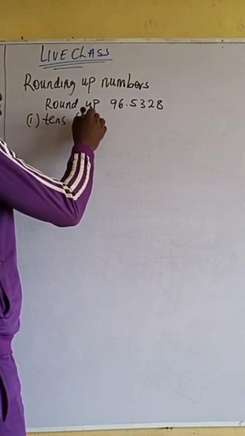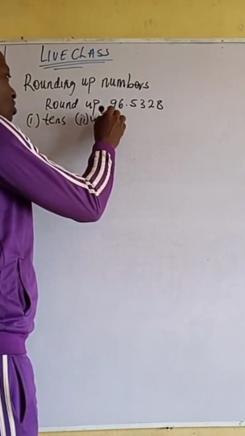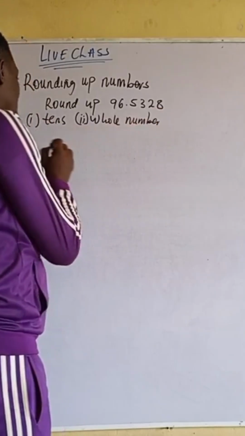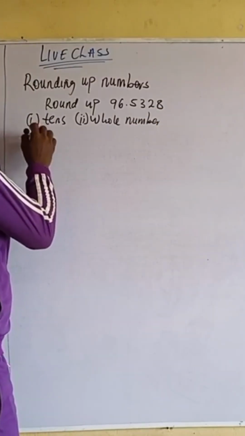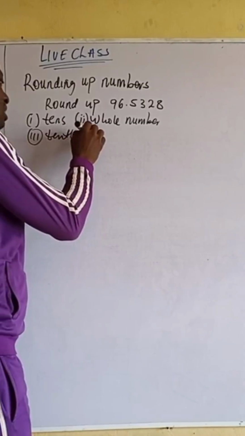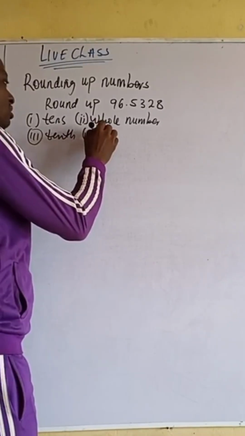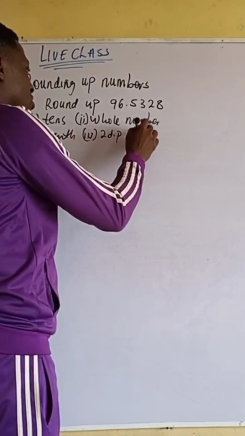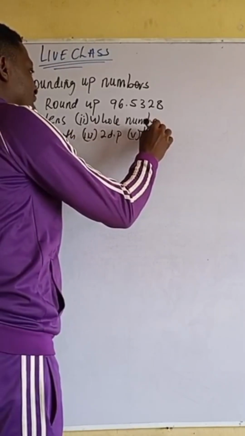Next one, whole number. Next one, tenths. Next one, 2 decimal places. Next one, thousandths.